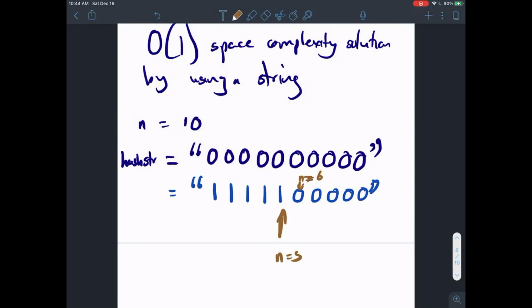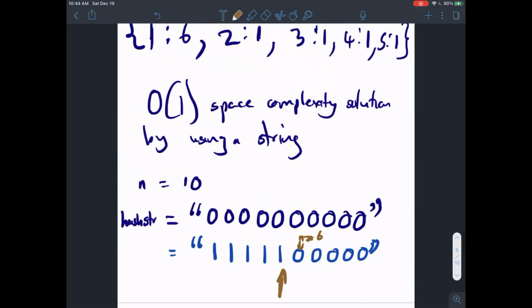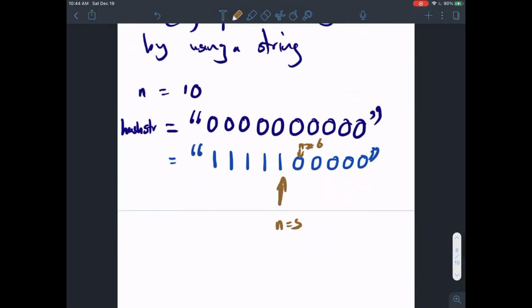So that's one solution of thinking on how to solve this using the idea of a hash as a string. Did someone solve it a different way?